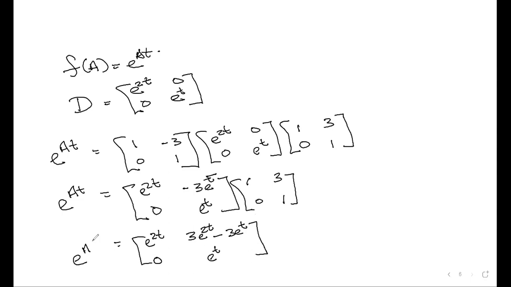So that is my e to the At. My diagonal matrix is the function with the eigenvalue replacing the actual A. So that will be my e to the At.